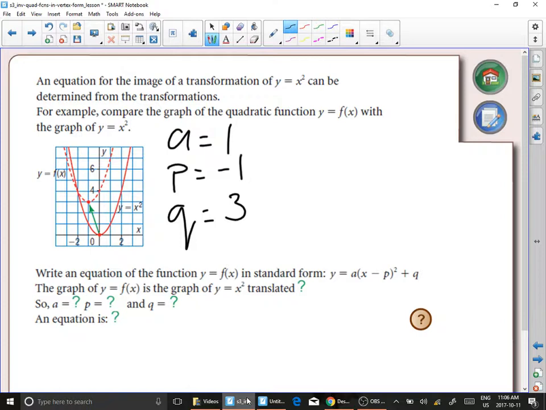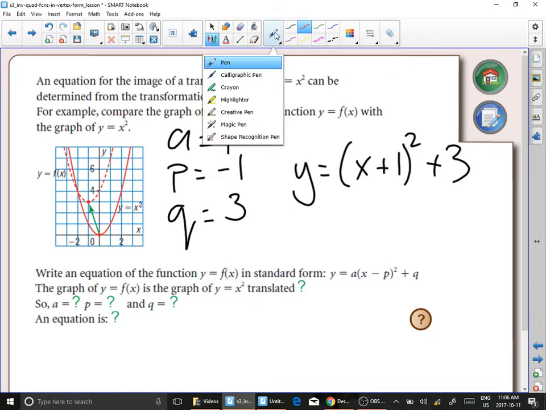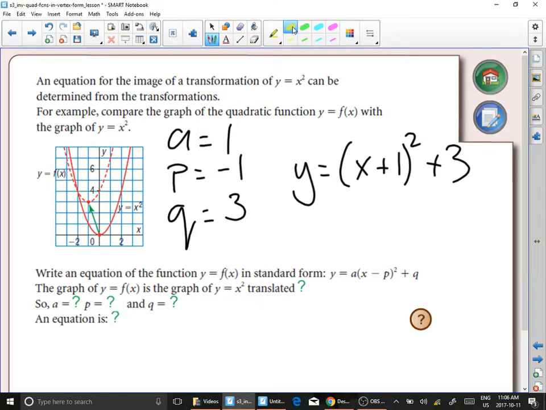So the equation would be y equals (x plus 1) squared plus 3. The tricky part is that it's x minus p in here, so if you have minus -1, that makes x plus 1.